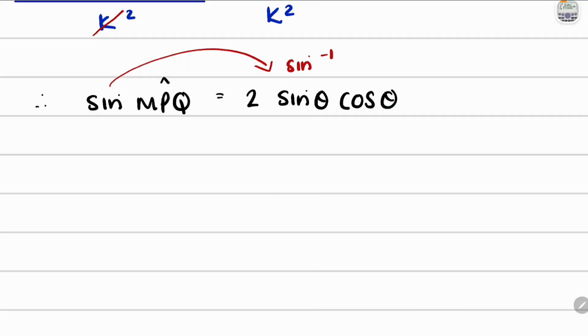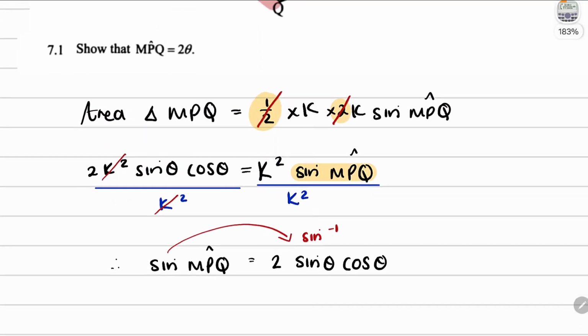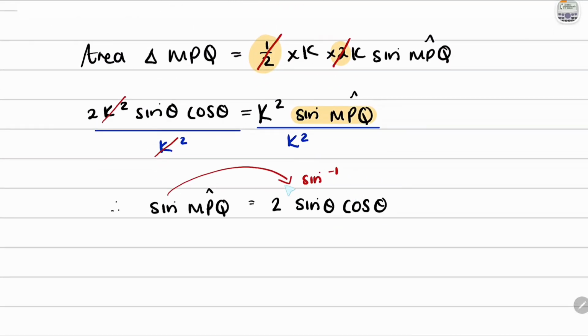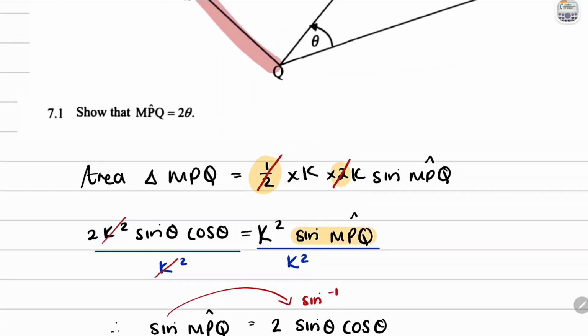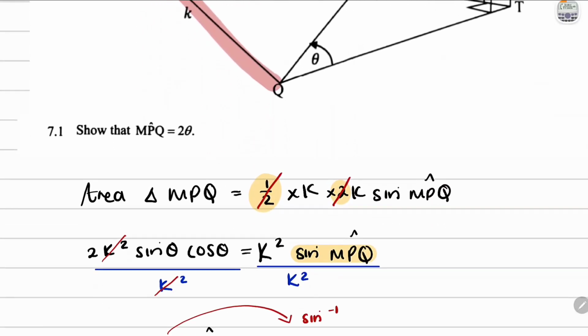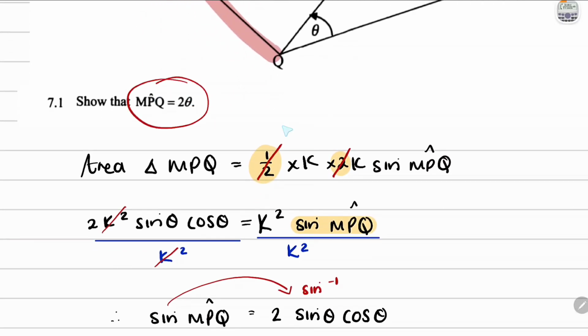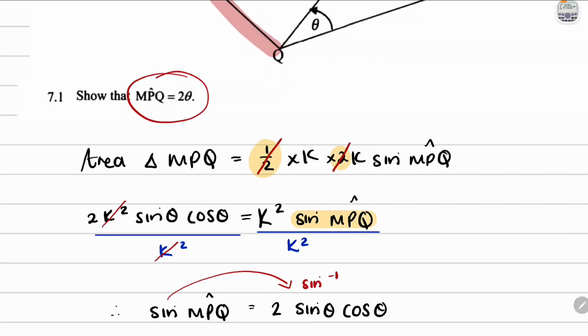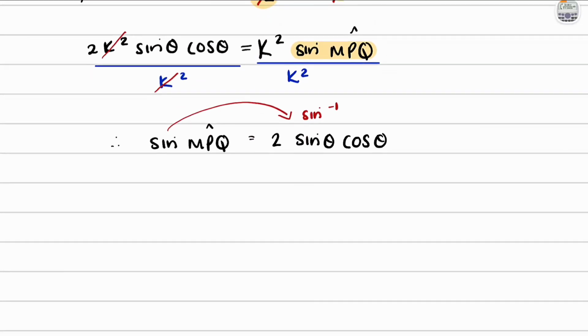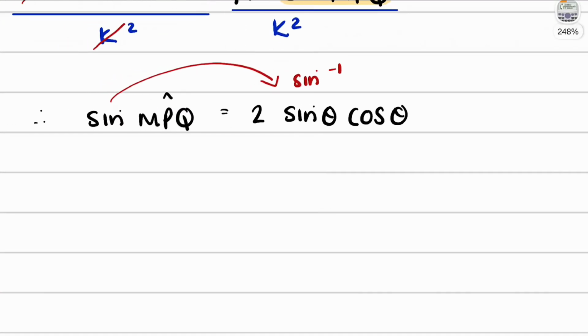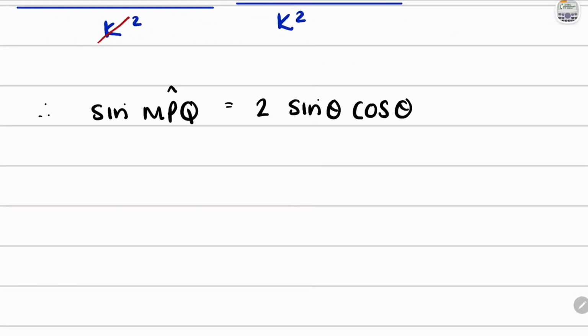But then what are we going to do with the cos? It doesn't really look right to do that because we have to say shift sine of this whole thing here. So when you look at the answer for MPQ, it doesn't include any cos or anything like that. So because it doesn't include that, clearly this cos has to go. Okay, so how can we actually get that cos to leave?